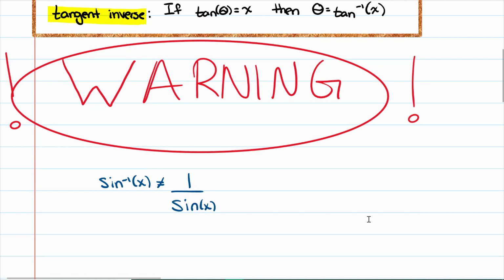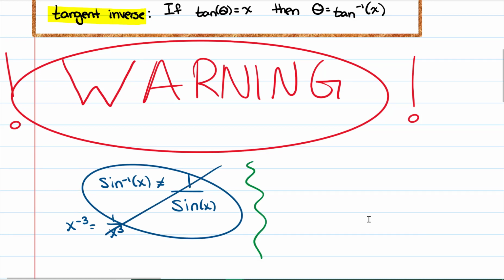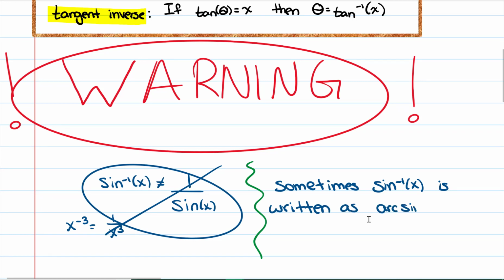Sometimes we will think of x to the negative 3 as 1 over x cubed, which is true, but that's not what this means. Sometimes sine inverse of x is actually written as arc sine of x to avoid this confusion. Keep in mind though that arc sine and sine inverse mean the same exact thing. These two are exactly the same.